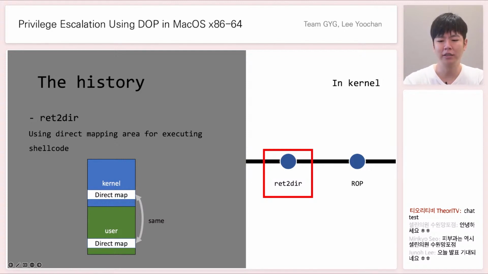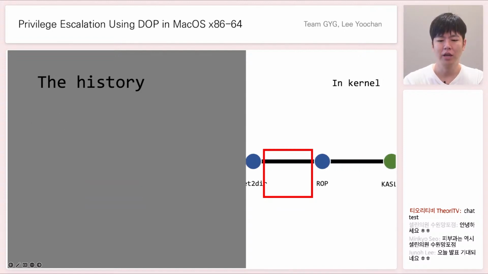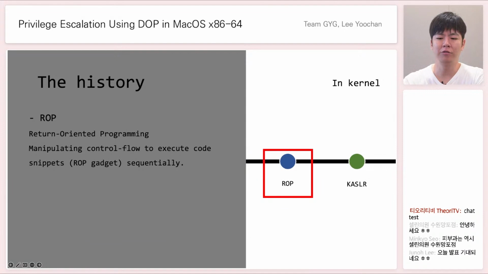In the past, this direct map had read-write-execute permissions. To mitigate this, the kernel developers changed the permissions to only read and write. After that, attackers turned to return-oriented programming. This technique is very popular, so I won't bore you with it.